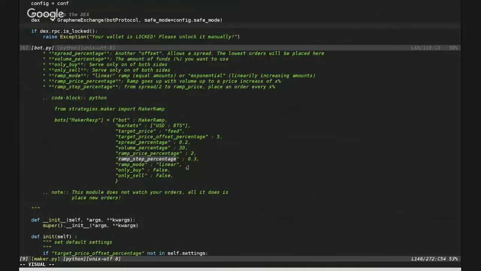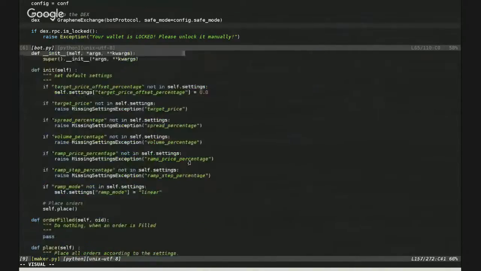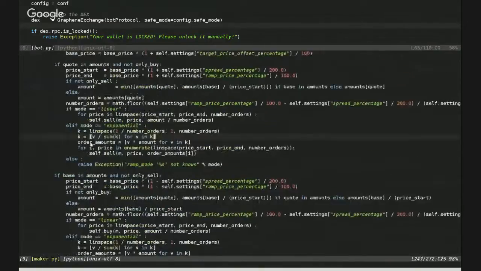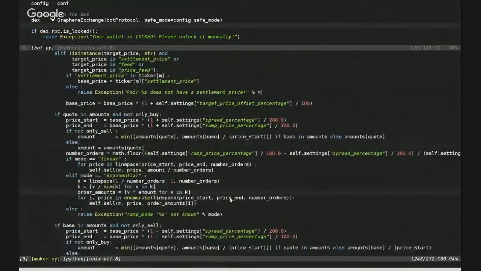Like every 0.3% there's a new sell order, and in total I sell 30% of all my stake, something like that. It's a little more involved, has some ugly math in it, but shouldn't be too difficult for someone who's familiar with how to deal with bots.